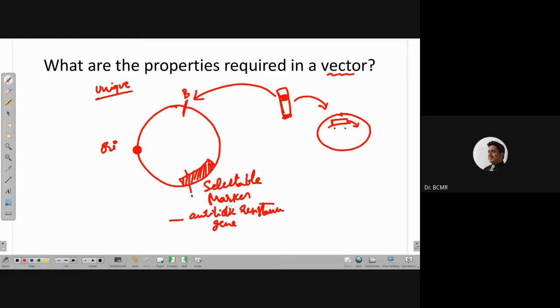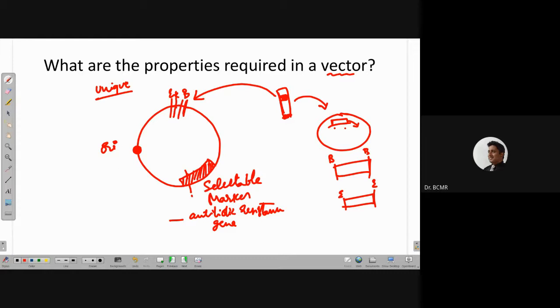And is it good to have one or multiple? If you have more restriction sites like BamH1, EcoR1, KpnI, and others, that is much better because then you will have flexibility. It's not only the fragments that have BamH1 that can be cloned in this vector, but maybe those with EcoR1 can also be cloned into this vector.